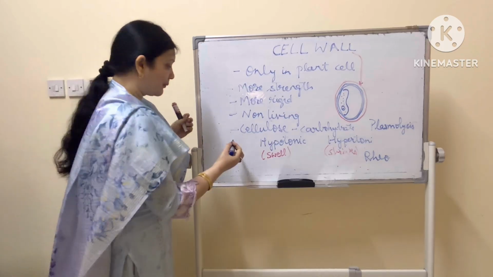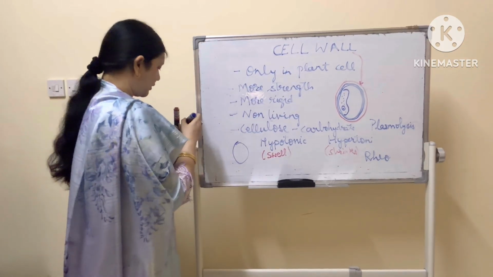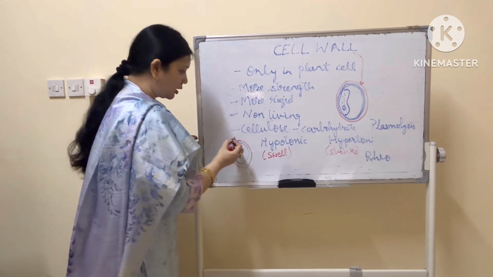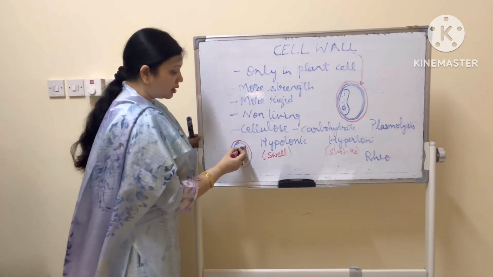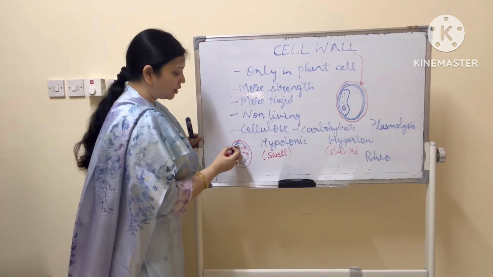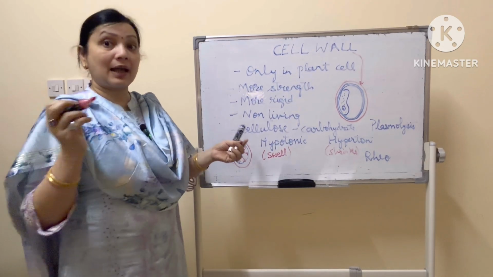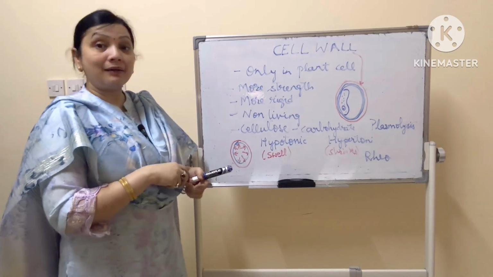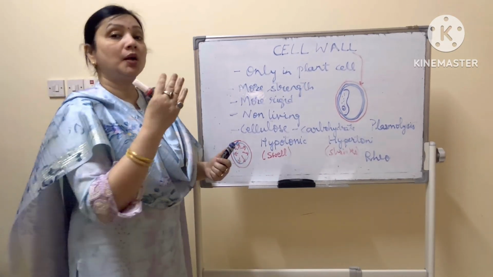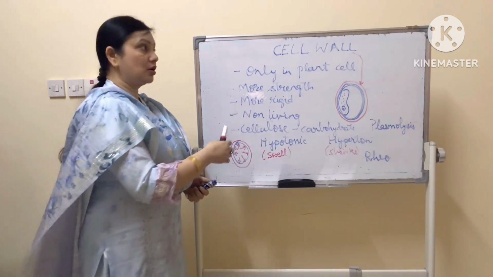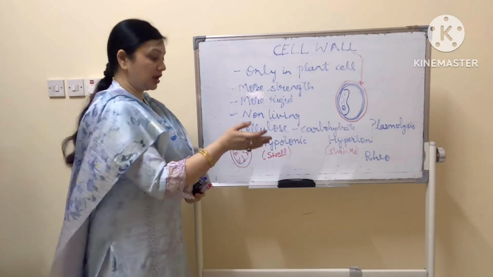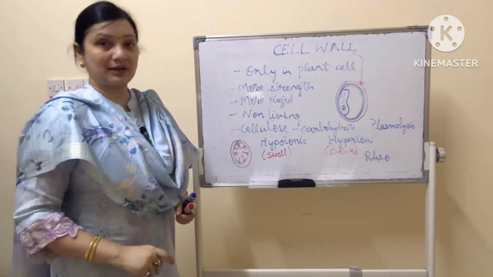At such a time, this is the cell membrane and this is the cell wall. Now in this condition what happens? The inside of the cell exerts a pressure on the wall and the cell swells up, and because of this swelling and the pressure, more water is not allowed to enter. So this is how the cell wall protects a cell in harsh conditions, in excess water and in less water.